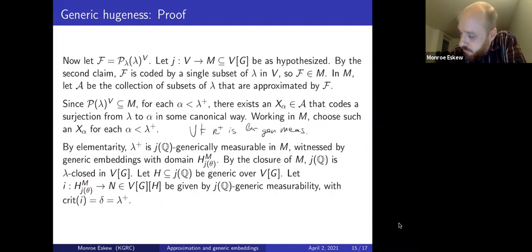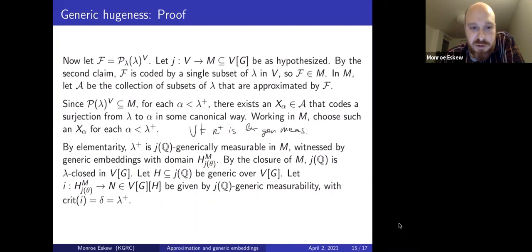And M says that lambda plus is J of Q generically measurable, in this setwise sense. So domains with embeddings, embeddings with domain, the H J theta of M. By the closure of M, J of Q is a lambda closed forcing.